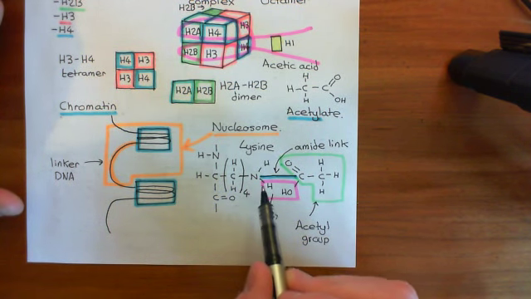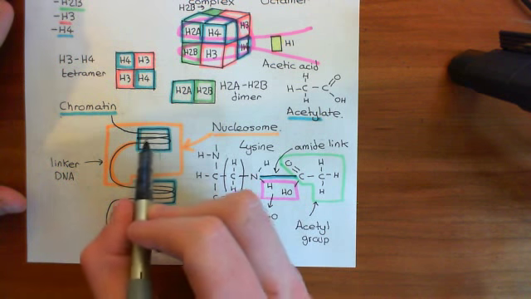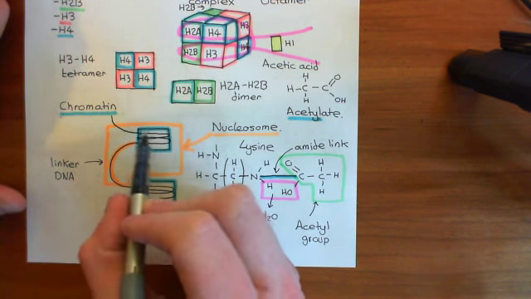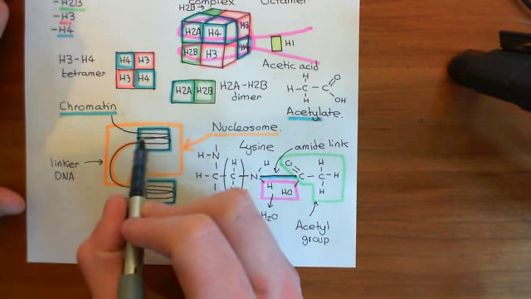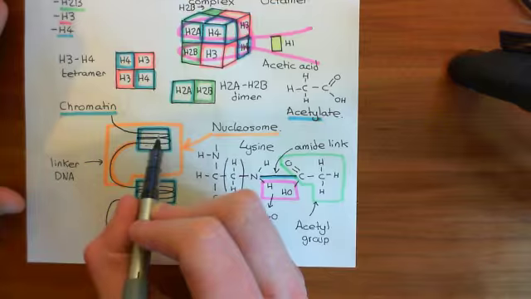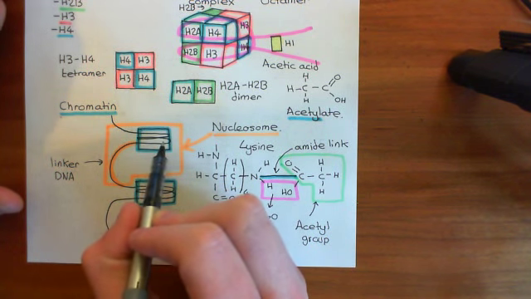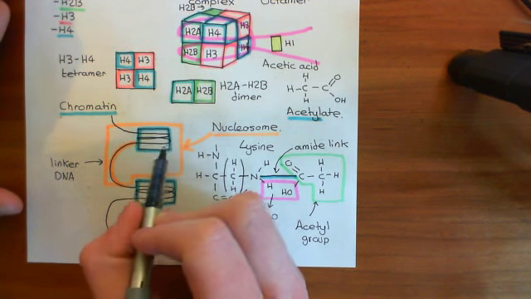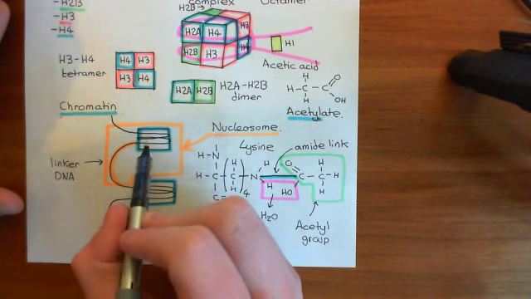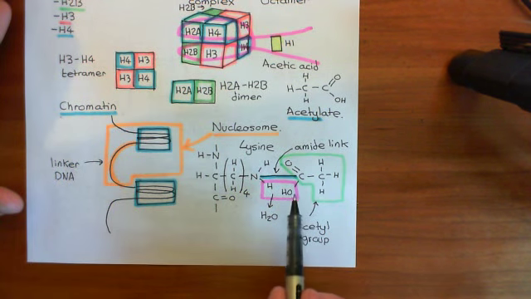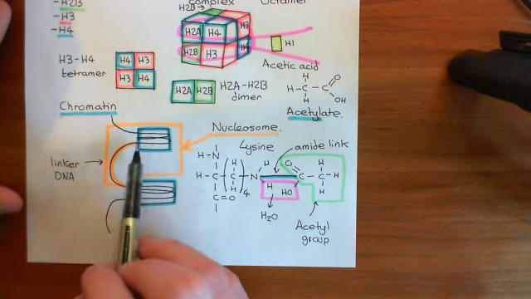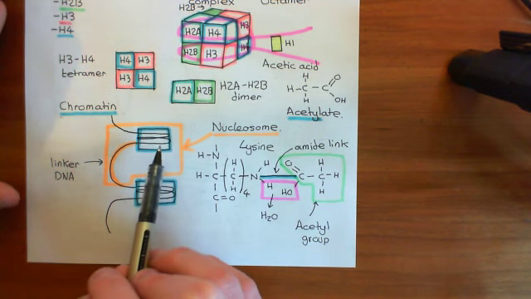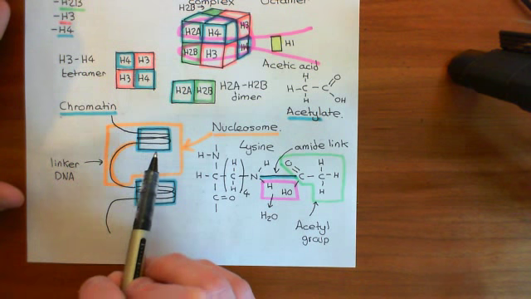Certain enzymes can add acetyl groups onto lysine residues in certain histone proteins, and this causes the DNA to loosen how tightly it is wrapped around the histone core complex. That means that DNA can be transcribed more often so we can use it. So acetylation of lysine residues within the histones is a marker that that portion of DNA is actually active. It's actually being used for transcription.